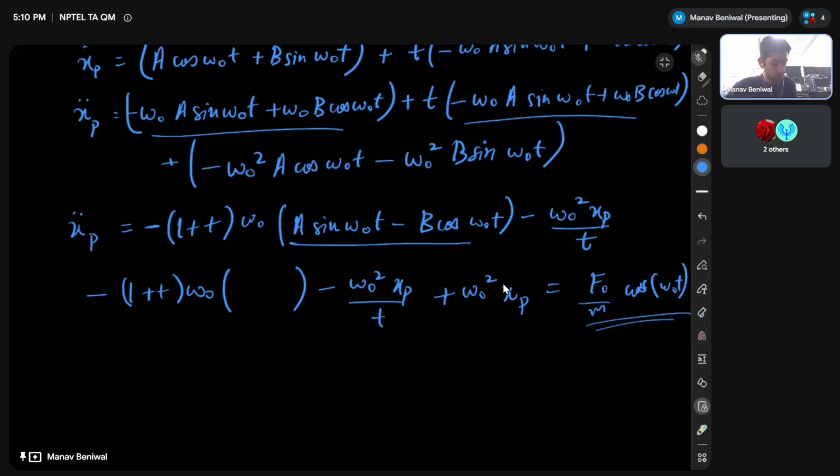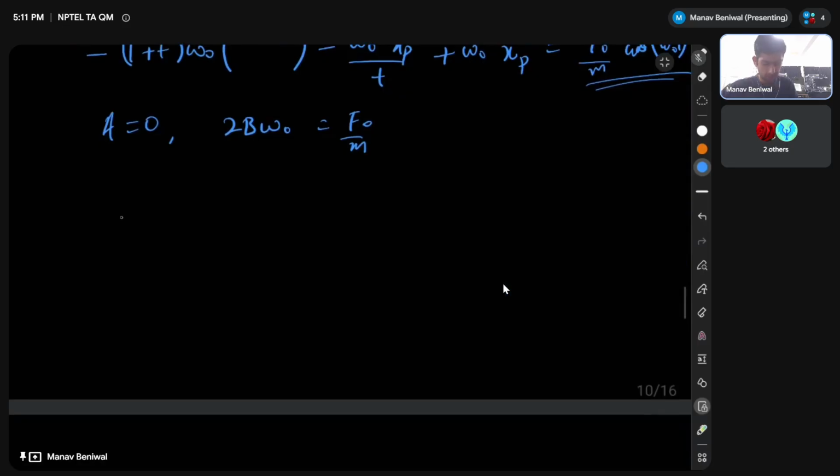So this requires that our a goes to 0, and on the left hand side we get 2b omega naught, which should equal f naught over m. Finally, the solution xp of t is f naught over 2m omega naught times t sine omega naught t.